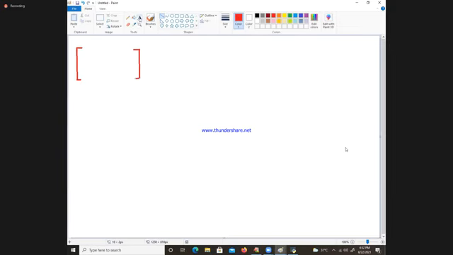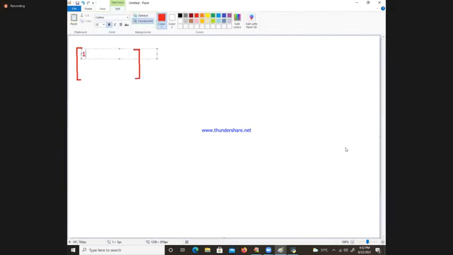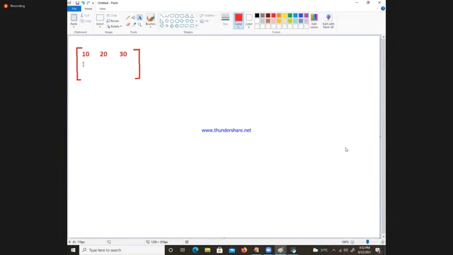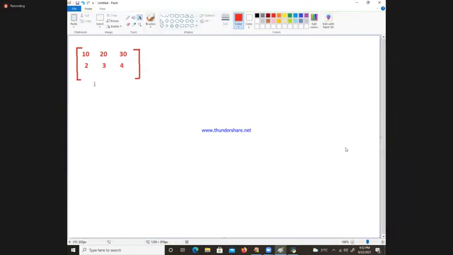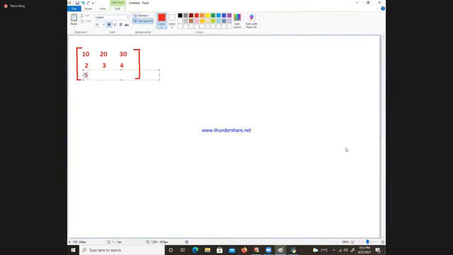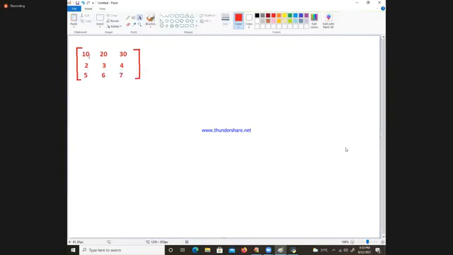Okay, this is my matrix. I will prepare it with an ND array. Let us take 10, 20, 30, then 2, 3, 4, then 5, 6, 7. But I don't want to go for bigger values because it takes more calculation time. Instead, in the program I will use small values.